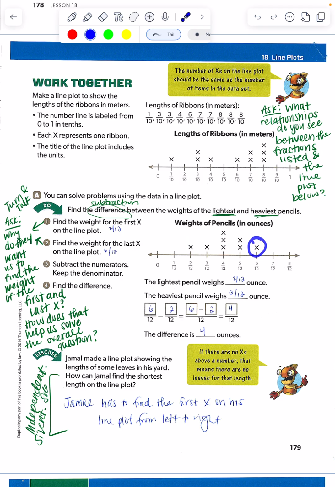And then 6/12 might be our heaviest pencil. Oh, okay. That is why they are asking us to identify the first X and the last X. From there, students should be able to know, again, that difference means subtraction. So 6/12 minus 2/12 is going to give me 4/12. The difference is 4 ounces.